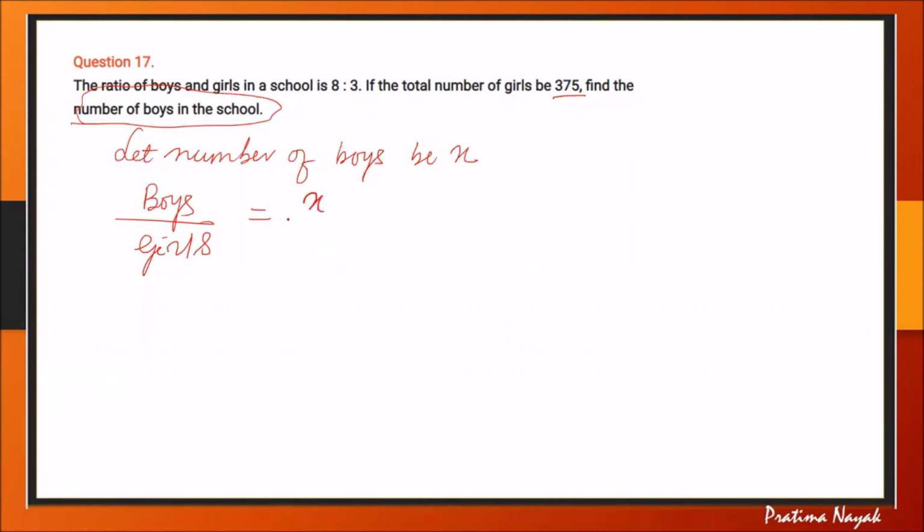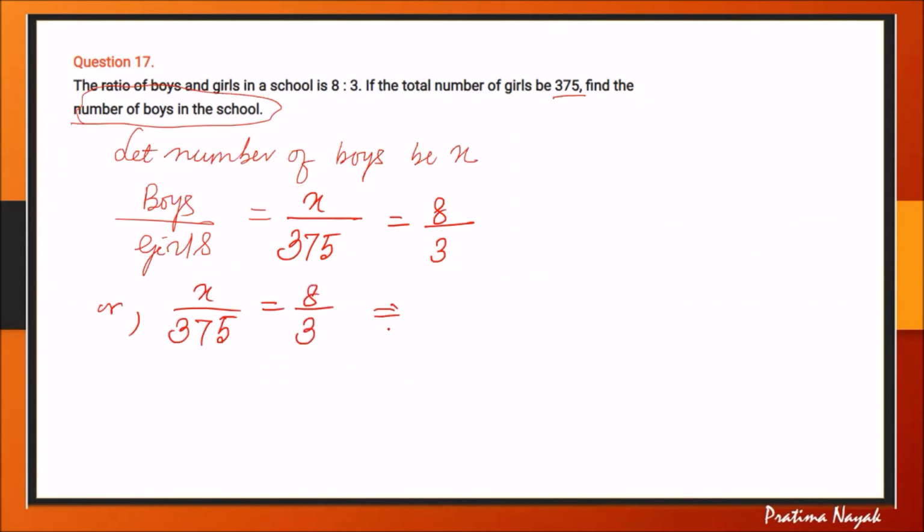This will be x by 375. This is equal to how much? This is 8/3. So x by 375 is equal to 8 by 3. Now cross multiply, or 3 times x. We always keep x on the left side. 8 multiplies 375.